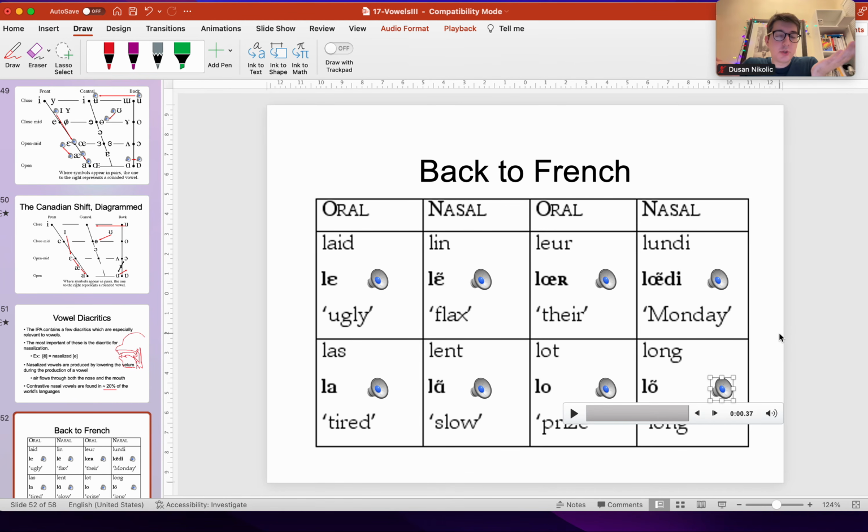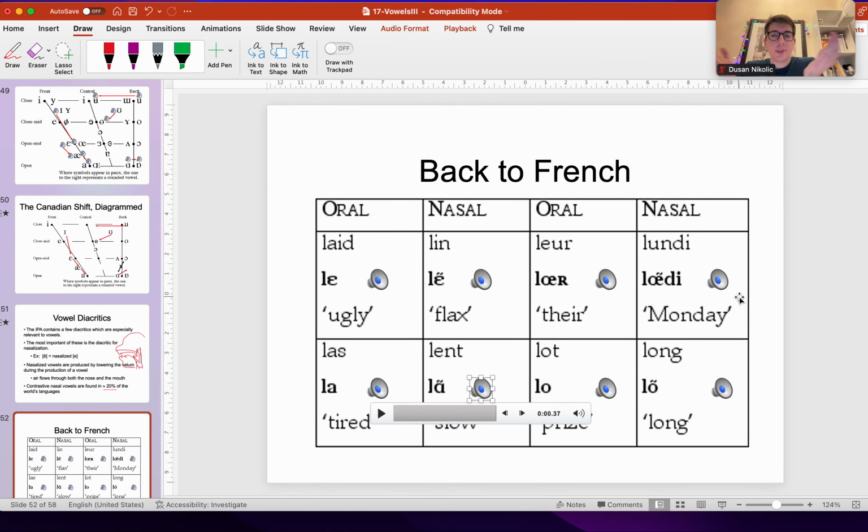How are you going to produce them? Well, simply try to say, instead of len, you don't produce the n part as if you want to say len, but you don't produce it. You say le, right? Lin. Yeah, this one is a bit higher, but this one is good. Lan. Long, right?